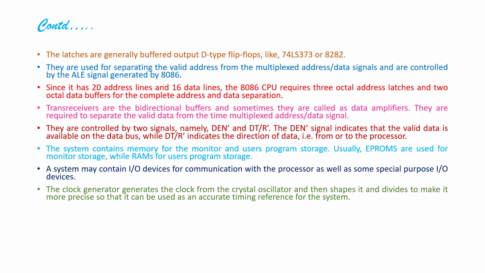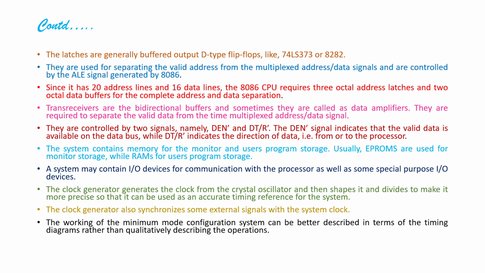The clock generator generates the clocks from the crystal oscillator and then shapes and divides it to make it more precise, so that it can be used as an accurate timing reference of the system. It is very important. The clock generator also synchronizes some external signals with the system clock.